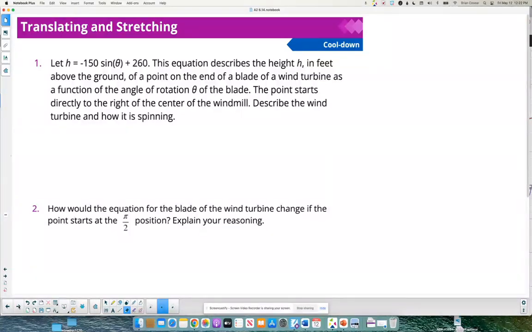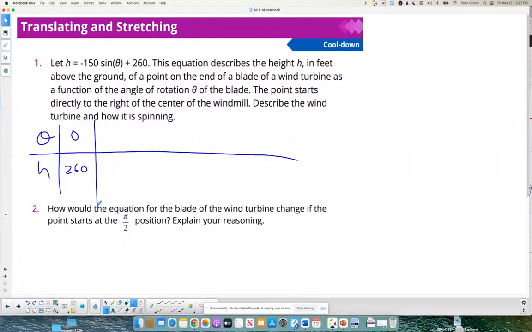Okay, so I'm going to just maybe make a table here. So I'm going to go theta and h. So we're going to start here. So we start, it's 260 above. At pi over 2, the sine of pi over 2 is 1. 1 times negative 150 is negative 150, plus 260 would be 110. Pi would still be at 260.